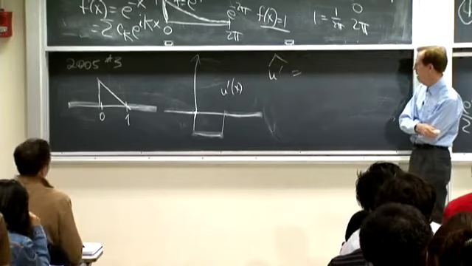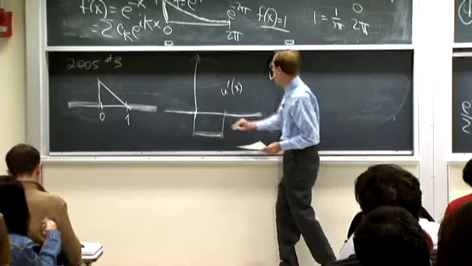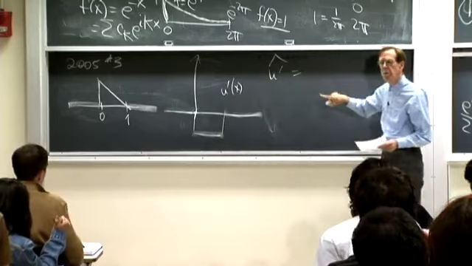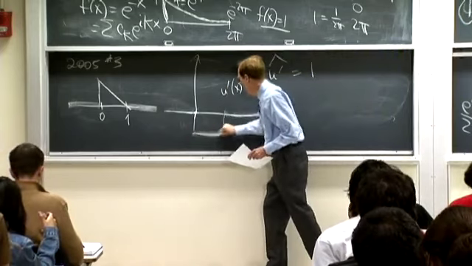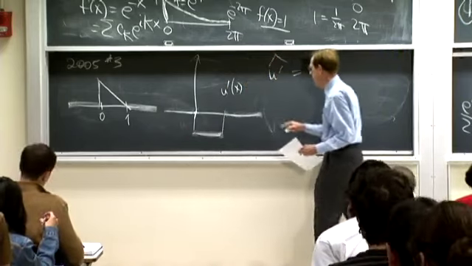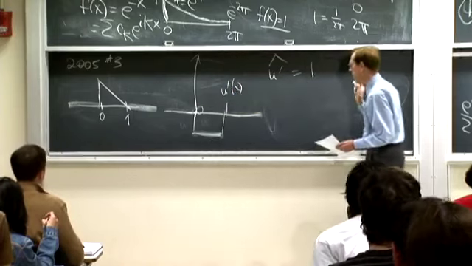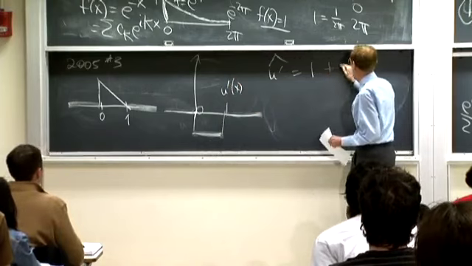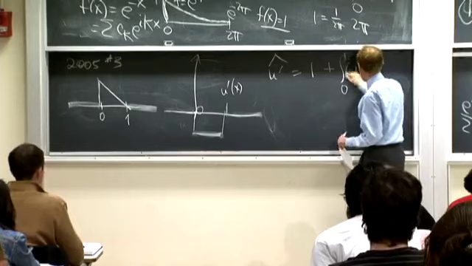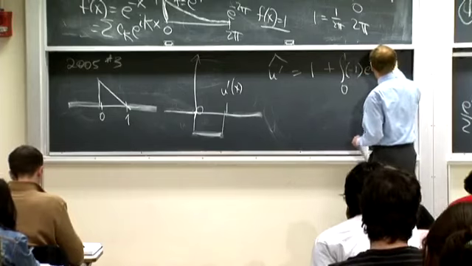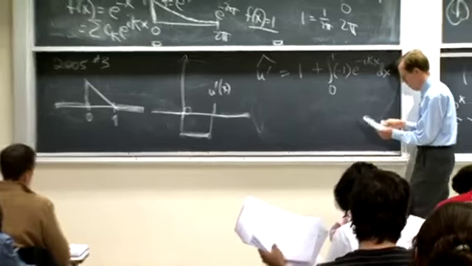So it's the sum of two things: that delta, which Fourier transforms to 1, and the piece between 0 and 1, which is like the one we did today. We've got the integral from 0 to 1 of minus 1 times e to the minus i k x dx, and that, of course, we can do.